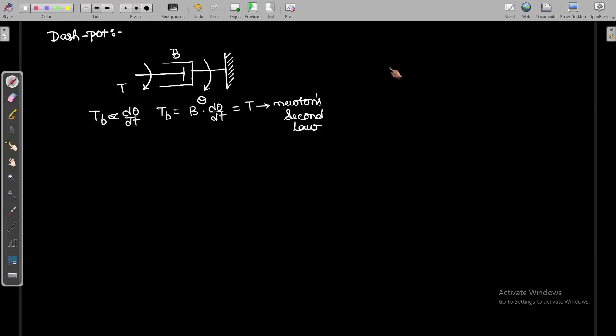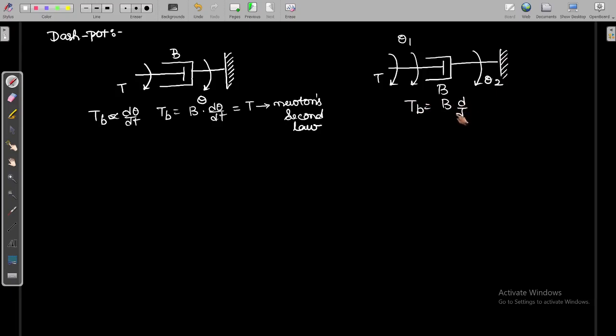Whenever you have two angular displacements on either side, in the case of the damping coefficient, there will be theta 1 here and theta 2 here. With respect to the reference, you will consider Tb equals B into d by dt of theta 1 minus theta 2, which can be written as B into d theta 1 by dt minus d theta 2 by dt.